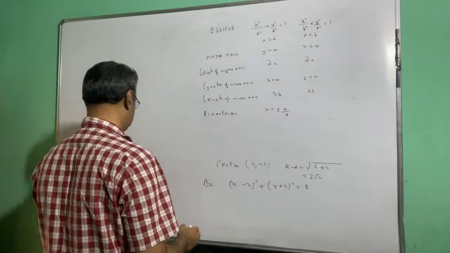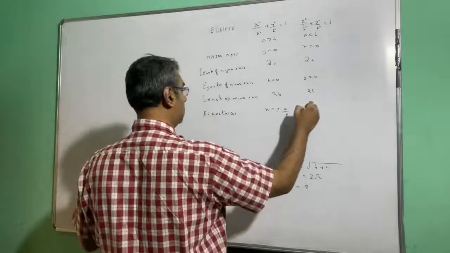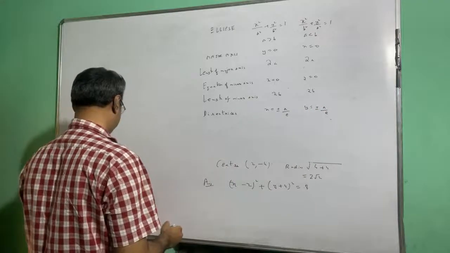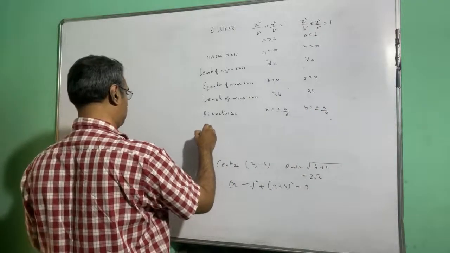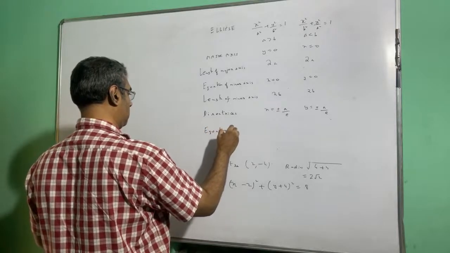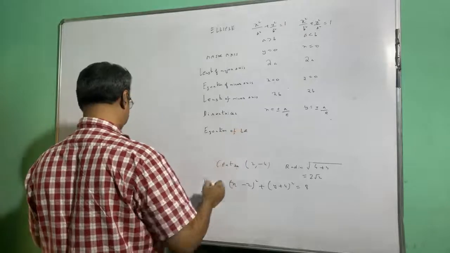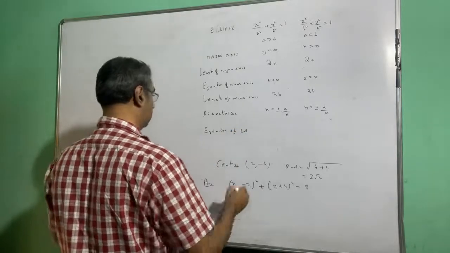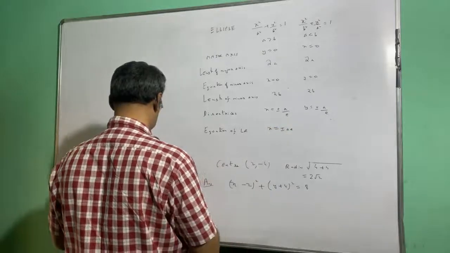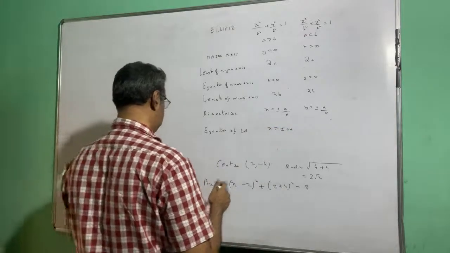So directrix x equal to plus minus a by e. Equation of latus rectum.